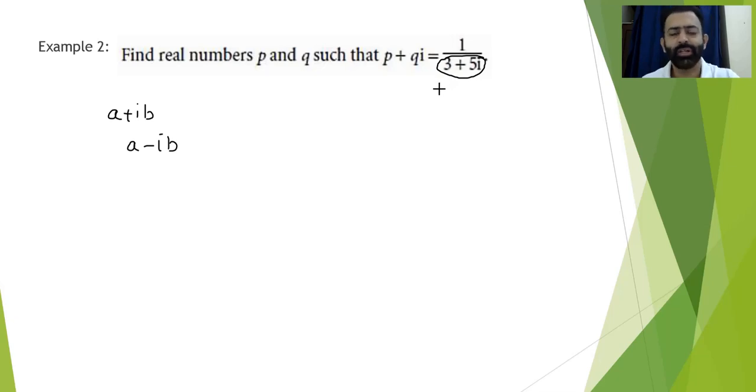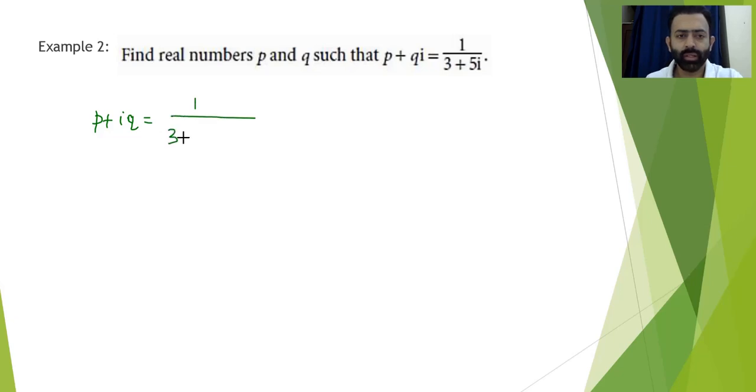And of course we have to multiply both numerator and denominator just to keep the value of the complex number the same, right? So let us write this in p plus qi form by first multiplying with its conjugate. I have p plus iq is 1 over 3 plus 5i, multiplying and dividing by its conjugate, 3 minus 5i.